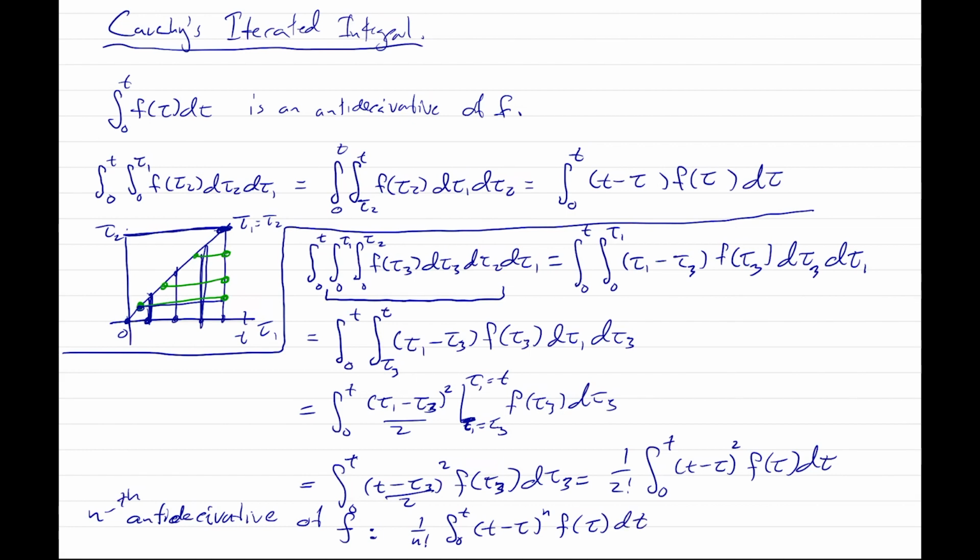That's not quite true. So if I wanted 3 antiderivatives, which is what we had here, I needed to have a square on the inside. So then I need n minus 1 here, and 1 over n minus 1 factorial. And that's what I get.